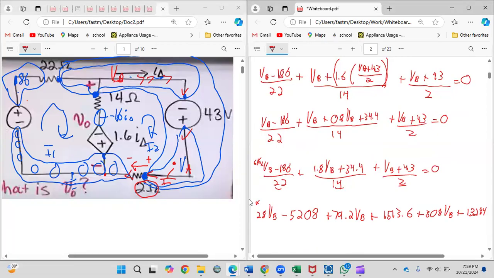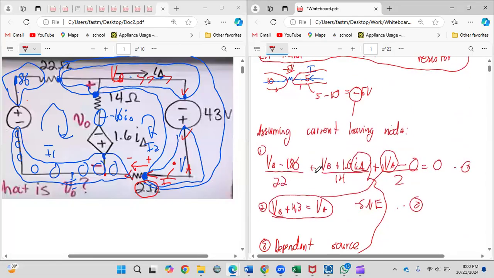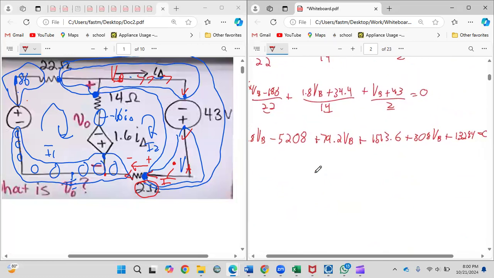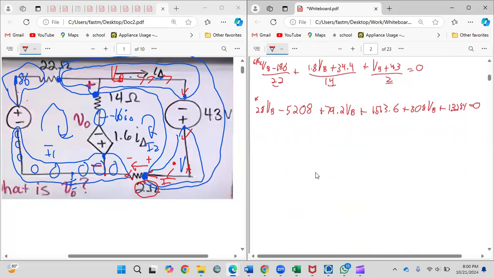So I had to change all my VBs to VA, which is real work to do, because I already did it on my paper. So what I just did, I inverted back to what I have. So all the VBs would just swap to VAs in this case, and everything else would fall back in line. It wouldn't change the answer, it wouldn't change the price of cheese. You'll get the same answer no matter what direction you choose or how you label your nodes.